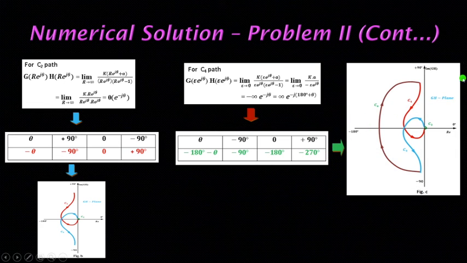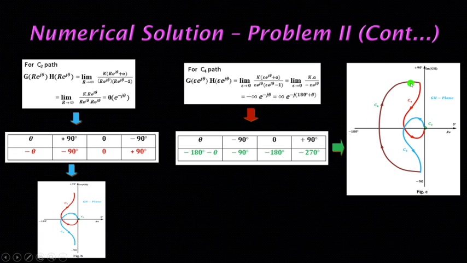Then draw the C4 path in the GH plane. This is the finishing point of C3 and the same point is the starting point of C4. The angle is minus 90 degree and the magnitude is infinity. Then from minus 90 to minus 180, and the finishing point is minus 270.